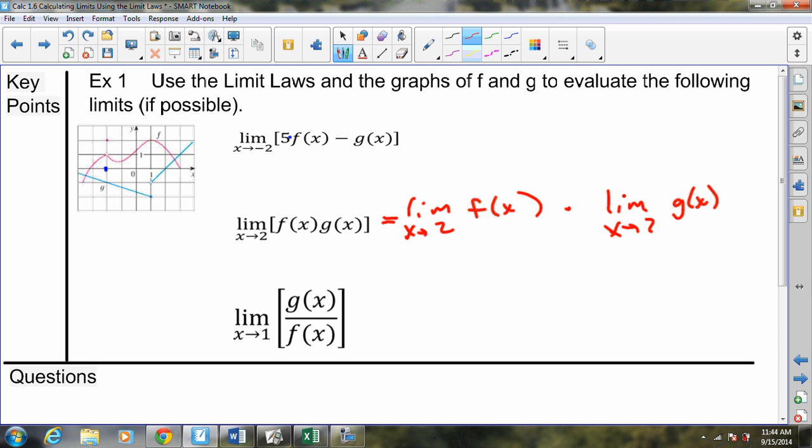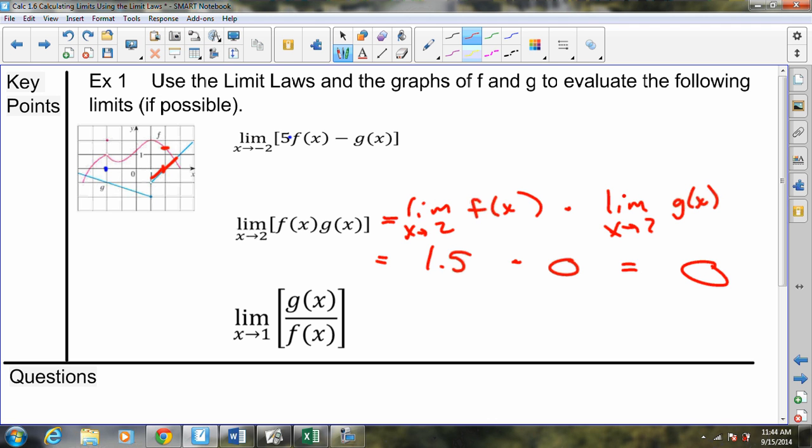So as x is approaching 2, where is f going? About 1.5. Where is g going? Over to 0. So when you multiply them, we have our answer for this limit.